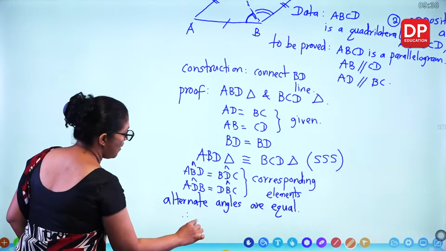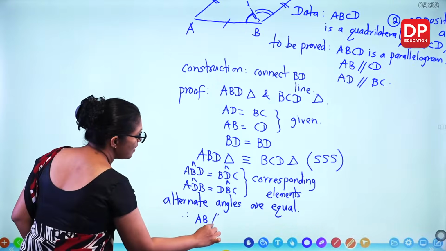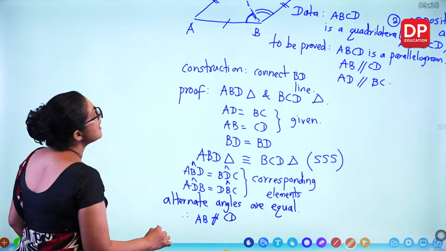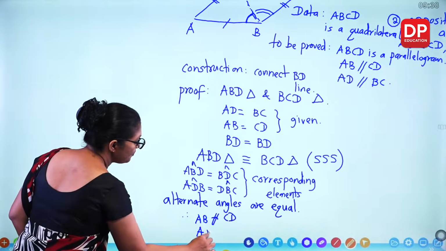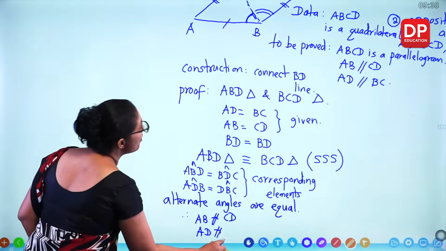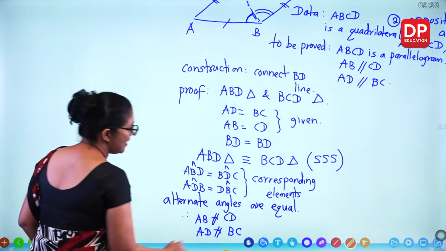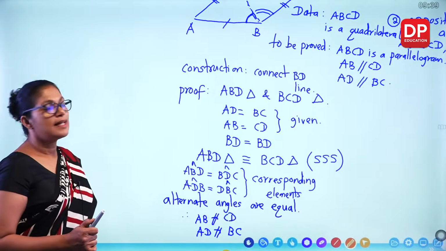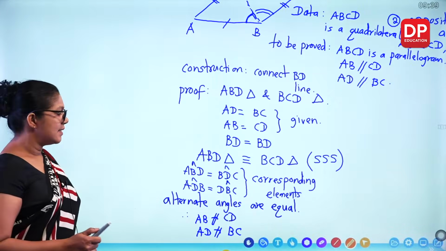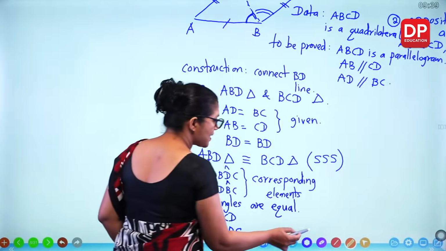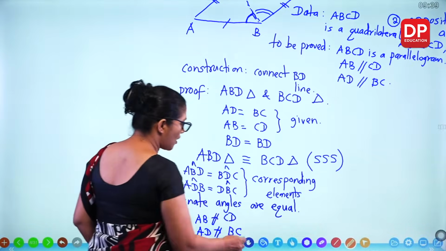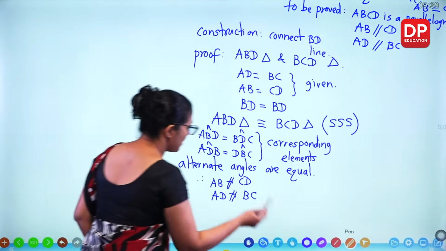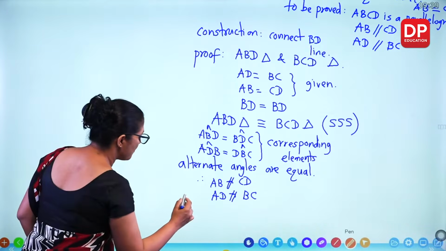Therefore, AB line is parallel to CD line as well as AD line parallel to BC line. Now we found out opposite lines are parallel. A pair of opposite sides are parallel means, what can you say about this quadrilateral? This is a parallelogram.